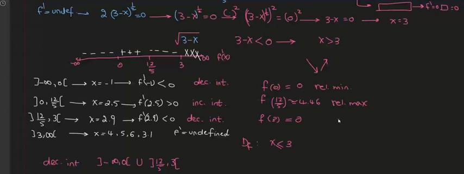Because it might be that the function stopped at 3, but it still can be like an asymptotic behavior where the function keeps decreasing without limits, and we don't have enough information to indicate this, and therefore we will say that at x equals 3 we don't know. There is no critical, relative, nor maximum nor minimum point. So we will say that we have only a relative minimum at x equals 0 and the corresponding y, and we have a relative maximum at x equals 12 over 5 and its corresponding y.